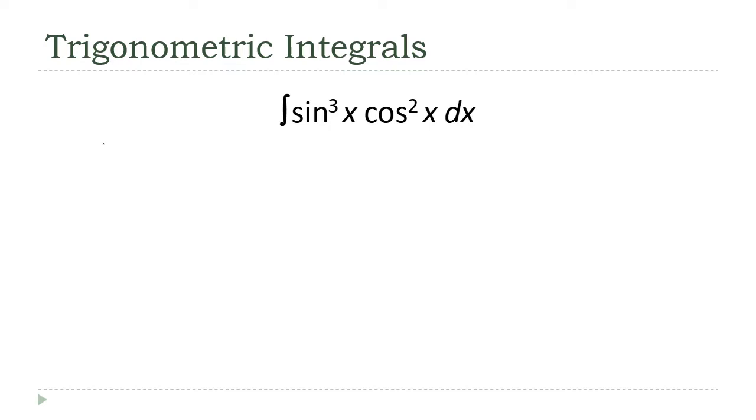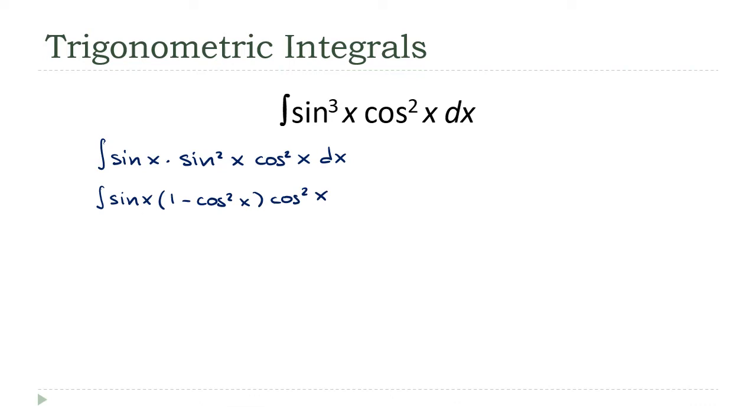And so this will become the integral sine of x times sine squared x times cosine squared x dx. Now I'm going to get rid of both of those sine functions in two different ways. I'm going to get rid of the sine squared by making it 1 minus cosine squared. So this will be the integral sine of x times 1 minus cosine squared x times cosine squared x dx.